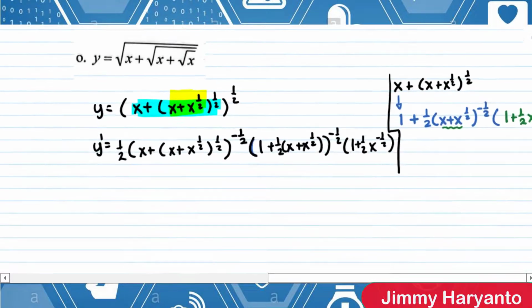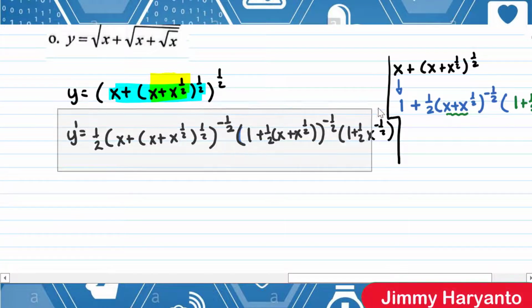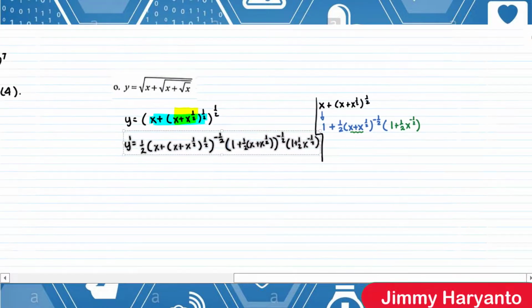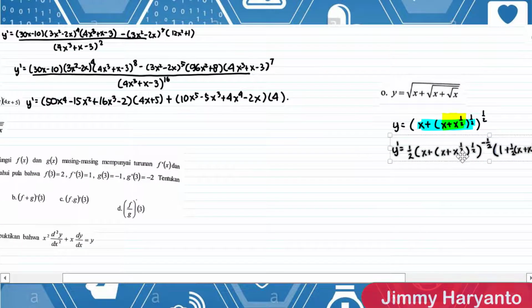Okay, I think this is the answer, but if you got a different answer from me, you can tell me, and we will discuss this together.